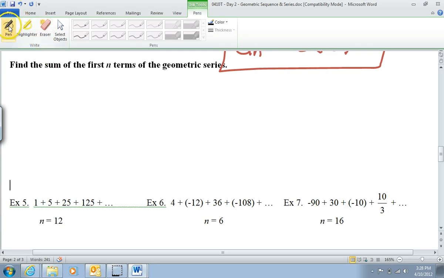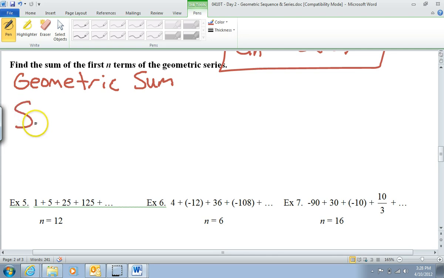Here is the formula for finding the sum when it's geometric. If you want to find the geometric sum, the formula is: the sum of the first n terms is a1 times 1 minus r to the n power, over 1 minus r.